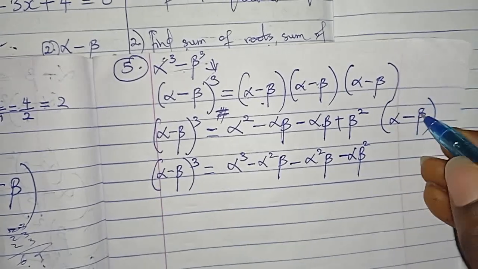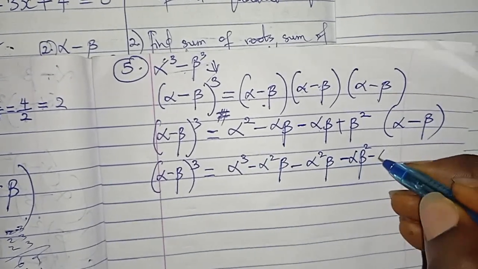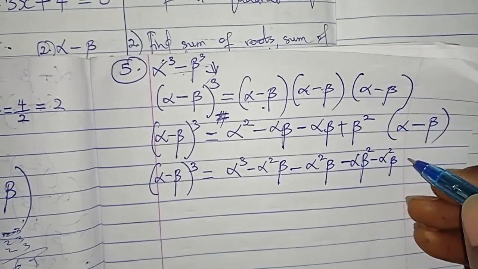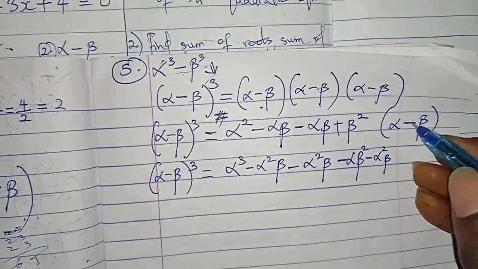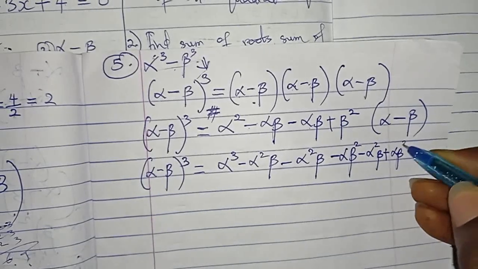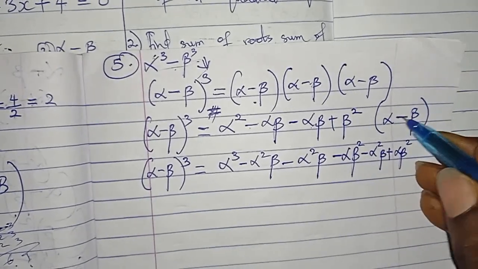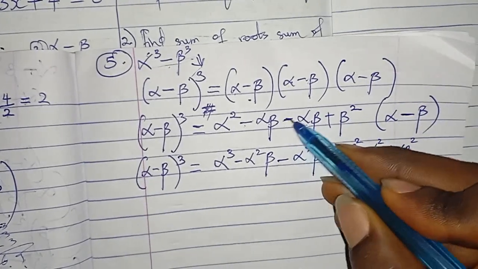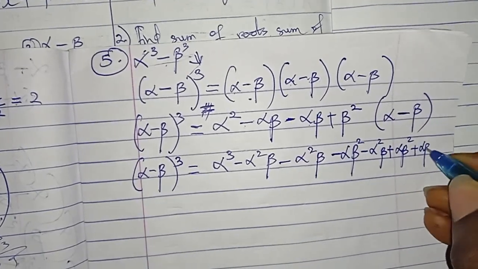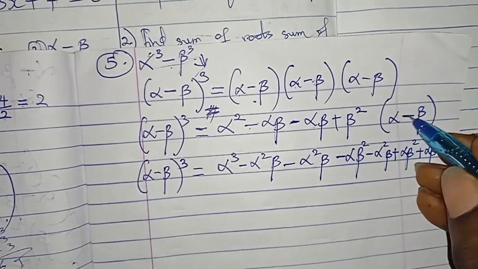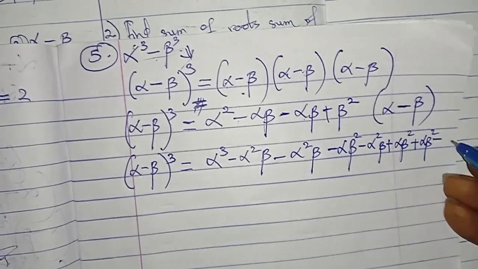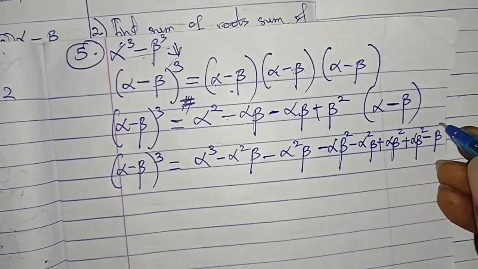This is minus alpha square beta, plus alpha beta square, plus alpha beta square, minus beta cube.